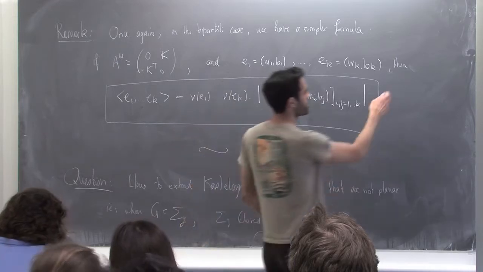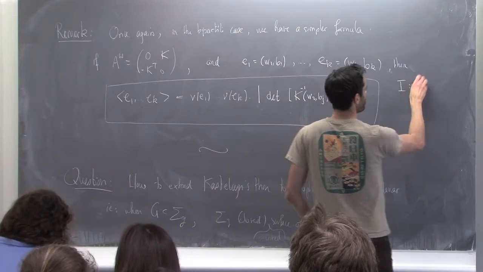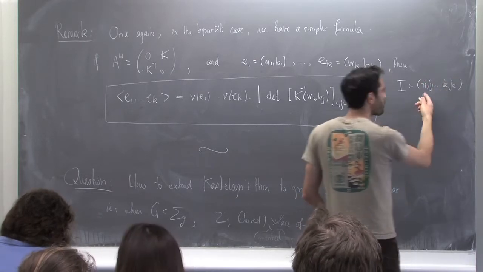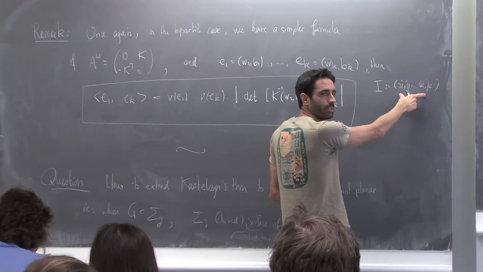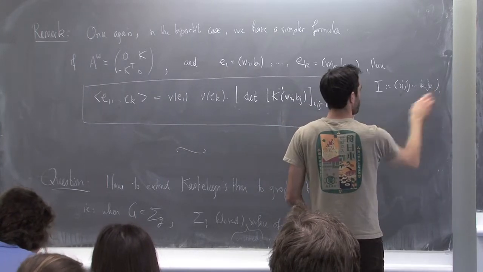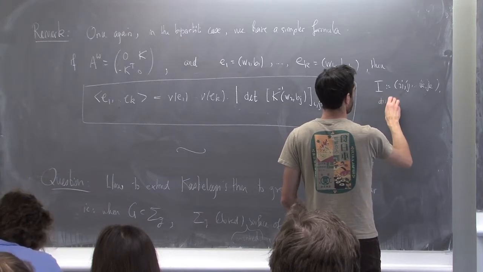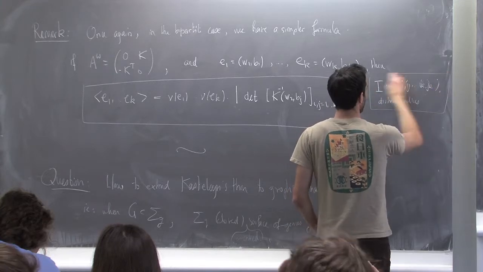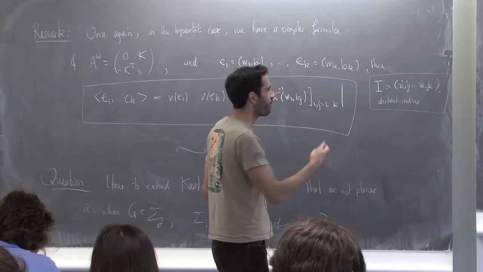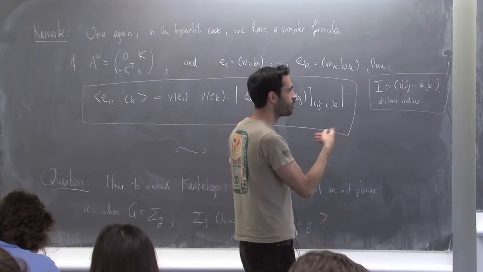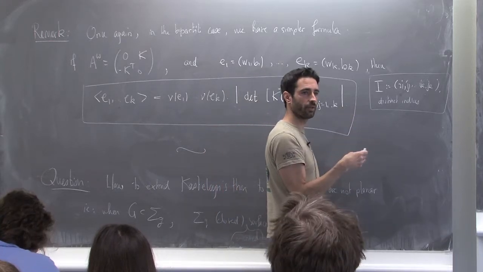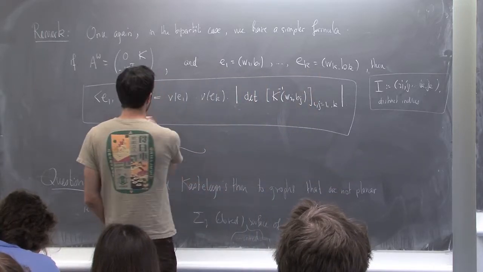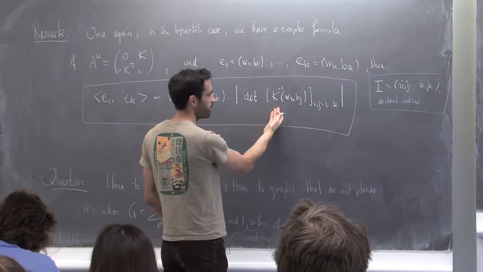So I was using this notation I for I1, J1, IK, JK, and I should have said that these indices are assumed to be distinct. Then the formula holds. And if they are not distinct, then it's easy to see that this partial derivative of the Pfaffian will always be 0. So the computation still makes sense. You just have to understand that if these indices are not distinct, then this is 0. That's it.